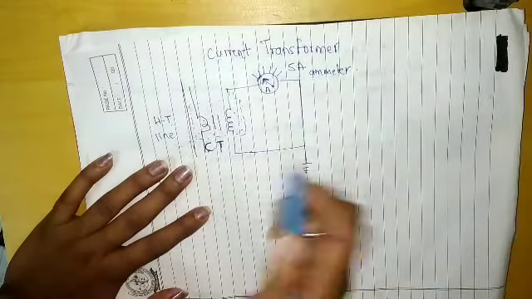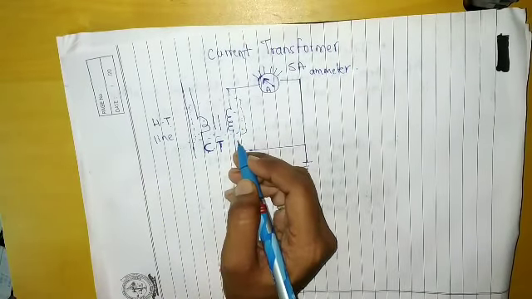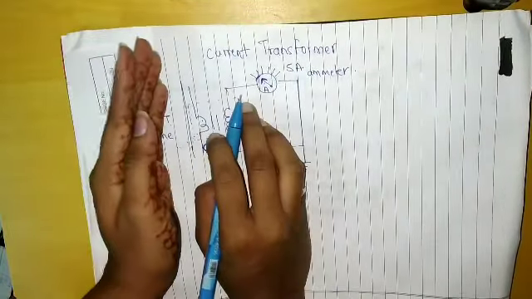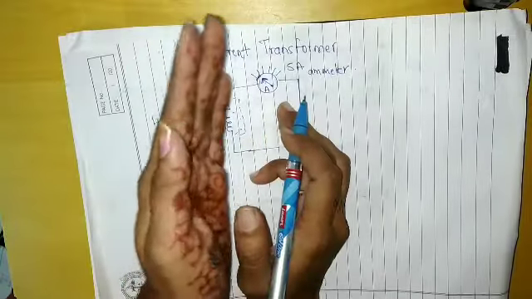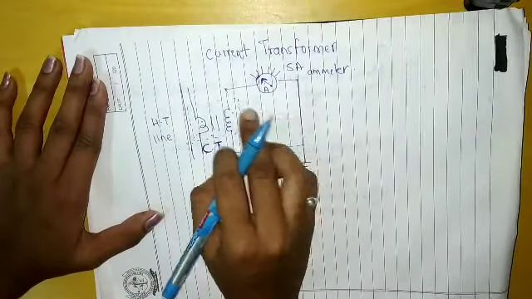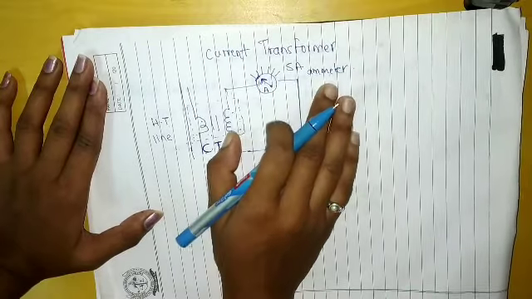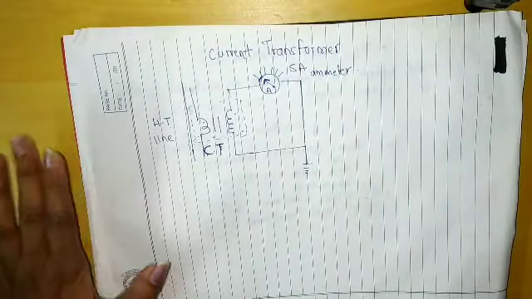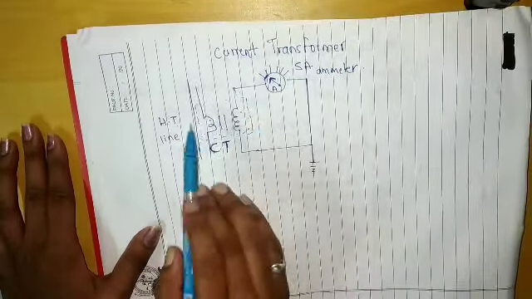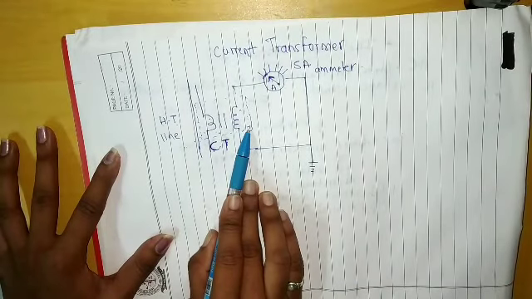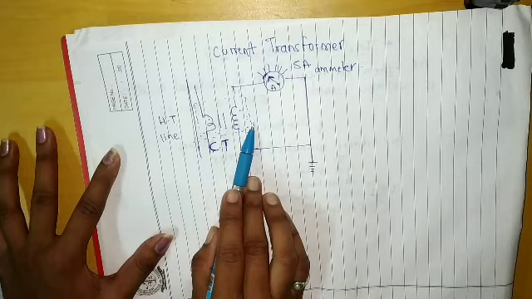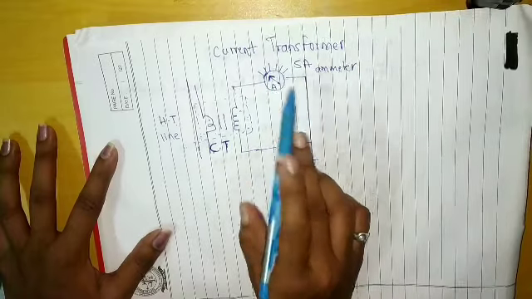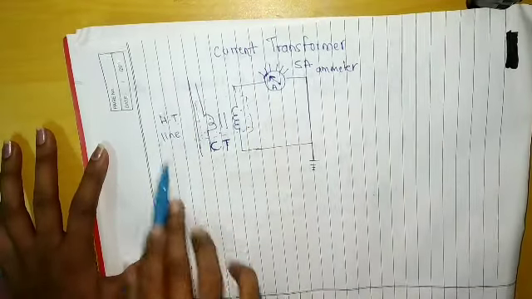So here in the current transformer the number of turns on the secondary is more. So the current will get reduced, and therefore the high current will become low current, and then our ammeter will read whatever current it shows in this display, right? So the primary of the current transformer has a few turns and the secondary has more turns as compared to the primary. The secondary supplies the current to the ammeter, right? So this is about the current transformer.